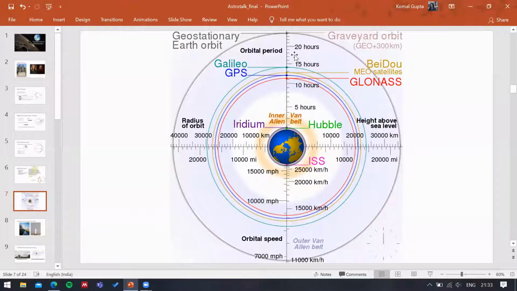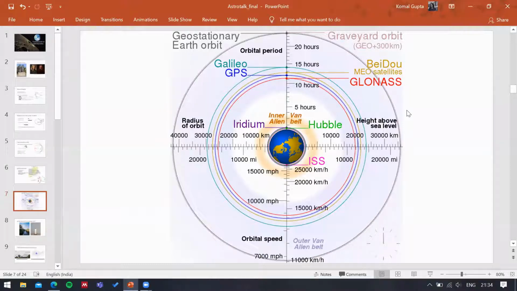And even further, we have high Earth orbit, which is commonly known as just geostationary orbit. This orbit is useful because the period here is the same as the Earth's period of rotation, which is 24 hours. So any satellite or any object in this orbit appears to stay at the same position compared to an observer on the ground.